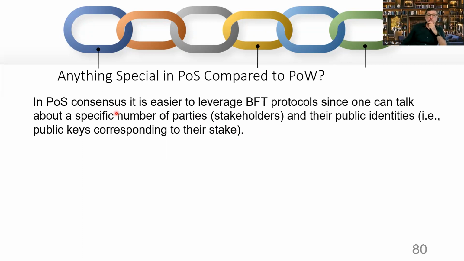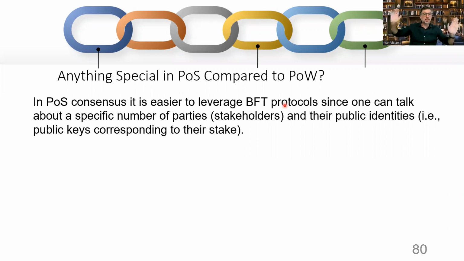First of all, if you are going for a proof of stake consensus, then it's easier to leverage old school consensus, the Byzantine fault tolerant protocols, the ones done for permissioned blockchains. Why? Because if you look at the way the cryptocurrency has been distributed among wallets, you now have the possibility of saying, okay, there is user number 1, user number 2, and user number 7,000.